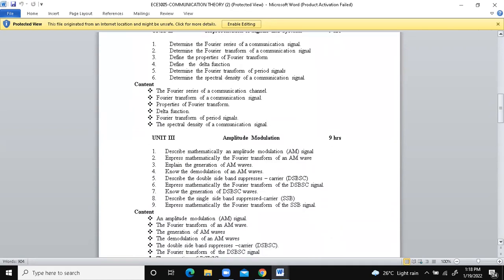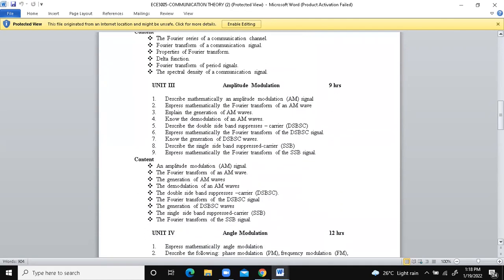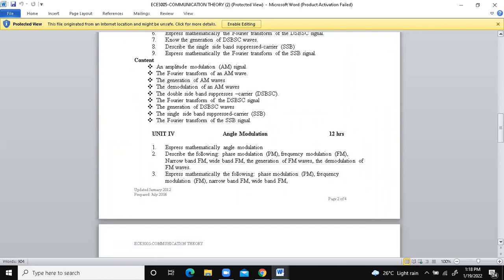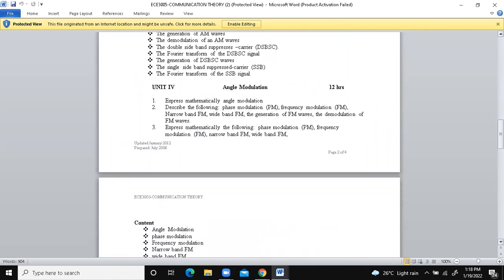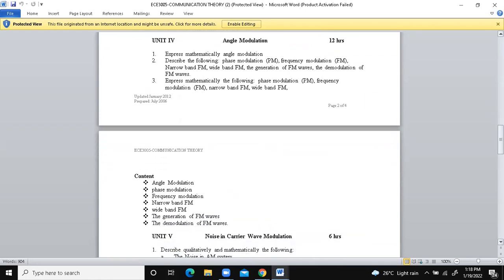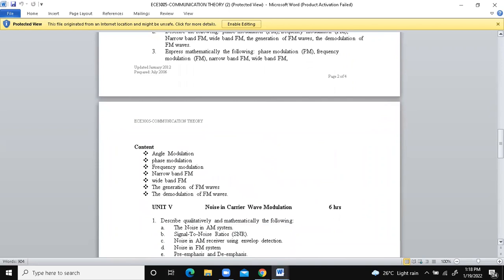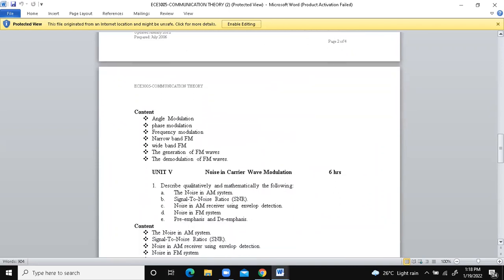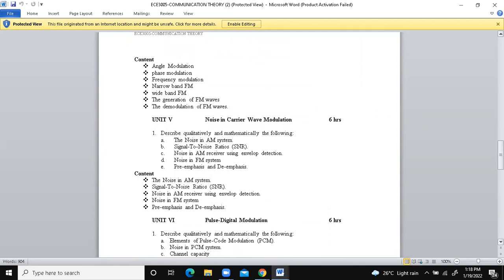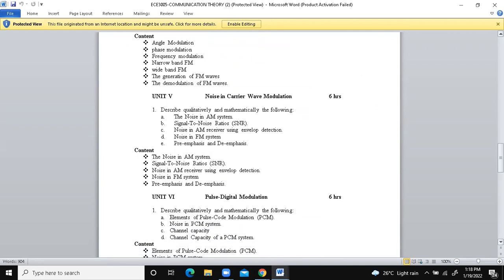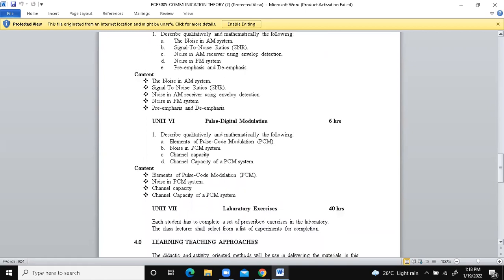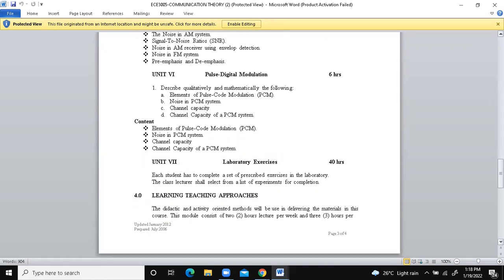So you can go through the details of the syllabus. Obviously, we have to adjust as we go on according to how fast you grasp the specific concepts. All right.